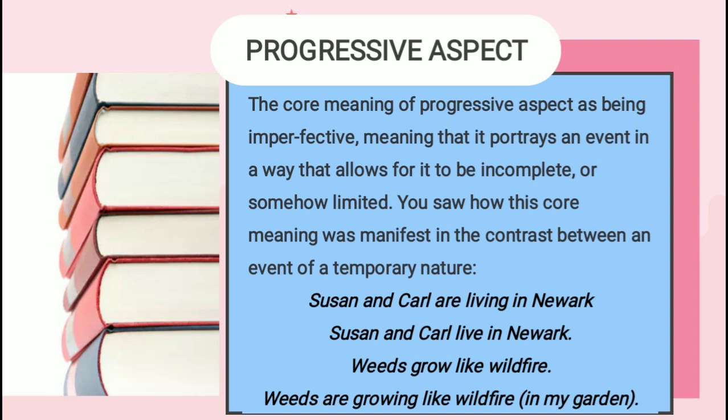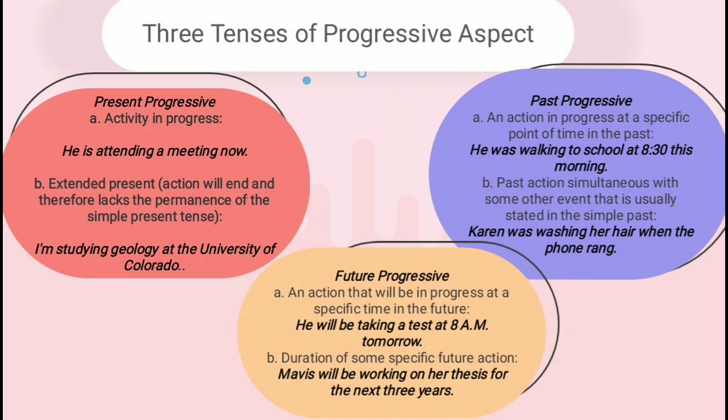Susan and Carl live in Newark. Another difference is that while the simple tenses can be used to make generic statements, for example, weeds grow like wildfire, the progressive aspect is always specific: weeds are growing like wildfire in my garden. Here are the uses of the tense-progressive combinations.